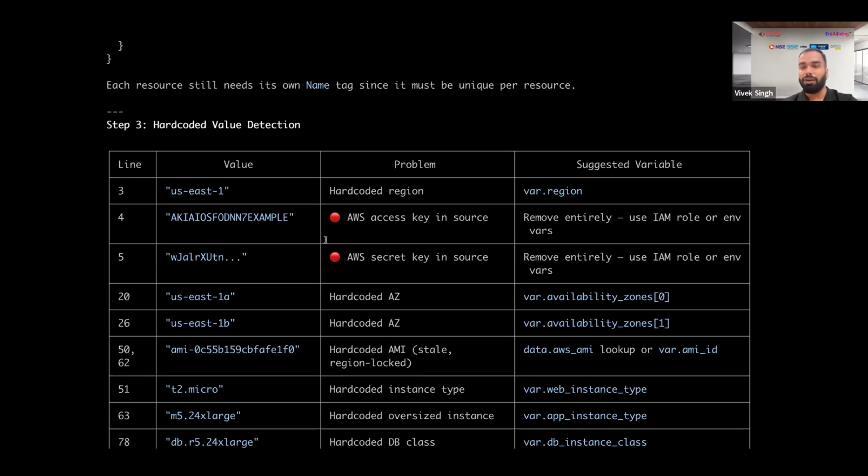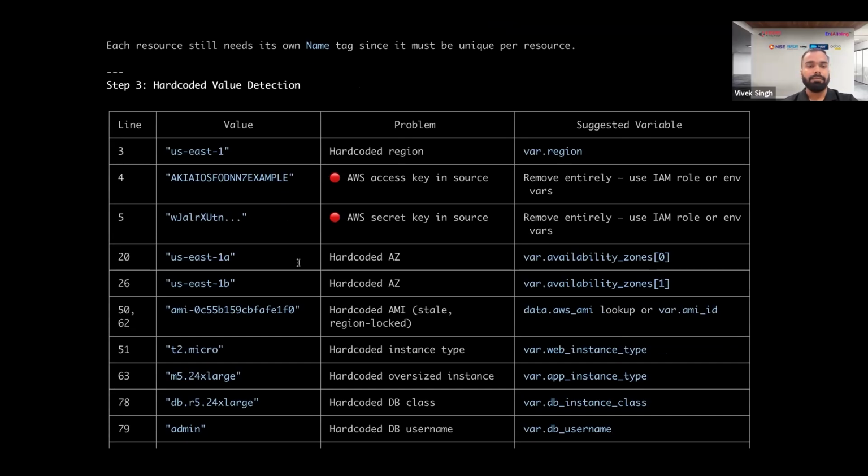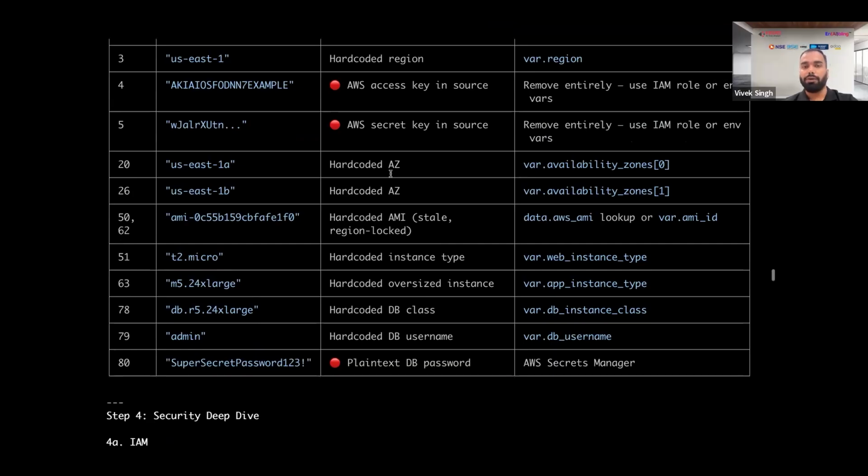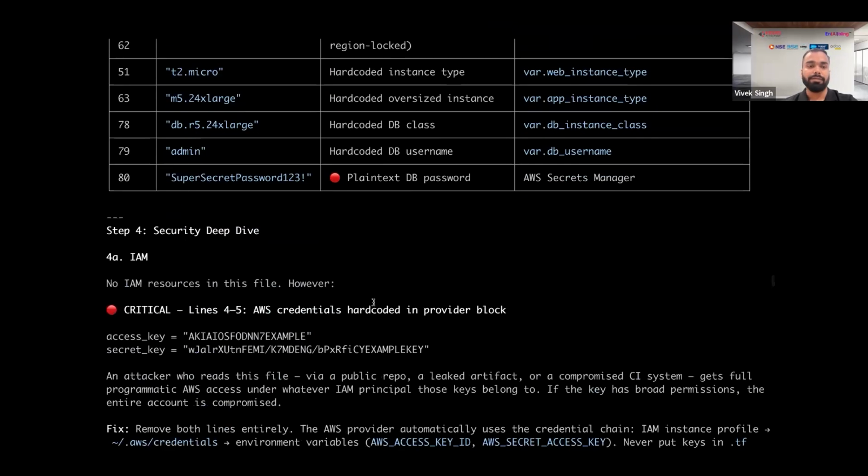So they get local feedback saying, we don't want to do this. We want to remove this entirely, use IAM roles or environment variables. We also don't want to hard code AZs because the resources that are being created might run in a different AZ later, right? So anything that should not be hard coded is what the feedback covers.